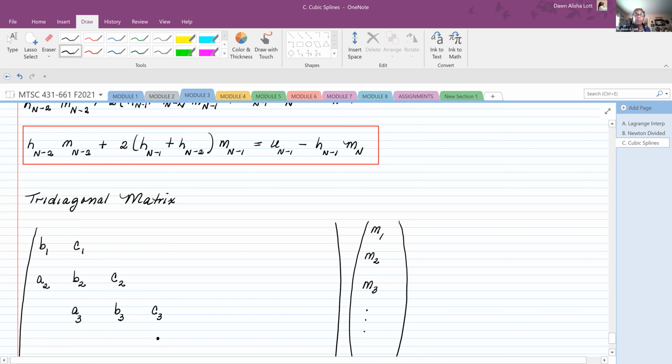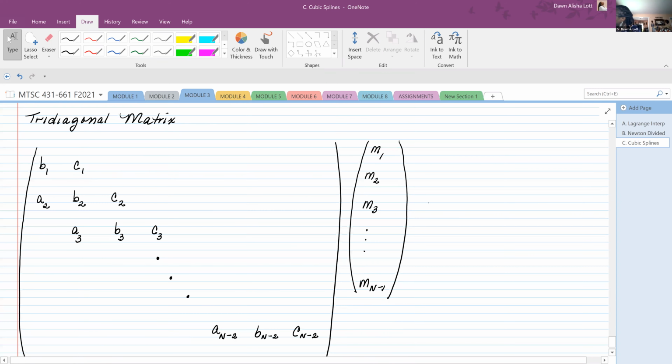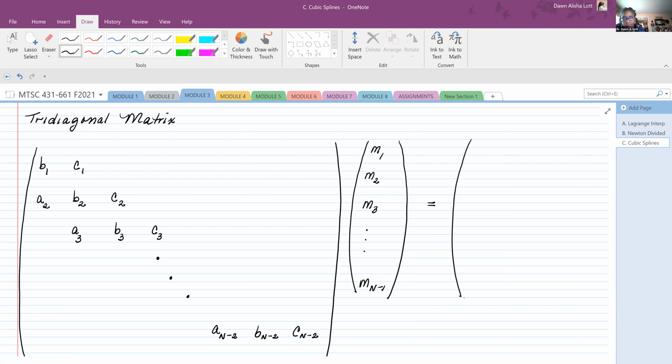And that equals the right-hand side. And these should all be, this should be U2, U3.